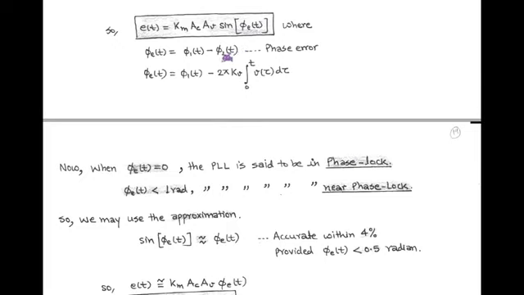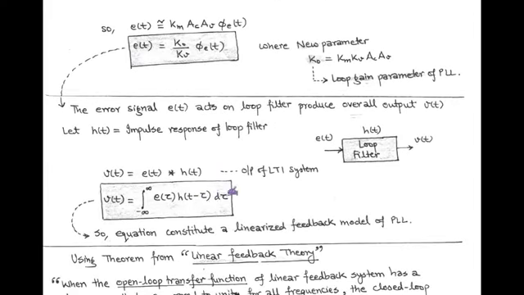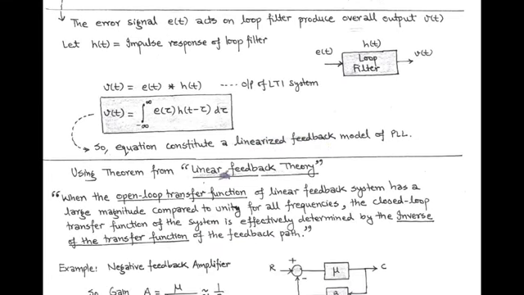And since there is a negative sign with phi_2, that is the feedback phase angle, we can say that there is a negative feedback in the closed loop PLL system. Also, the output of the PLL is given by the equation which represents the linearized feedback model. So we can use the linear feedback theory.